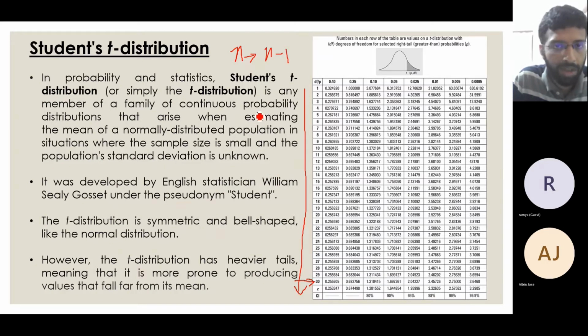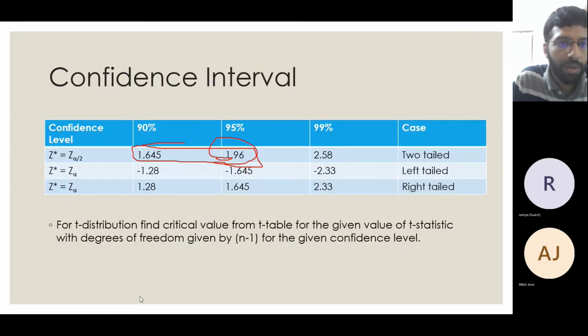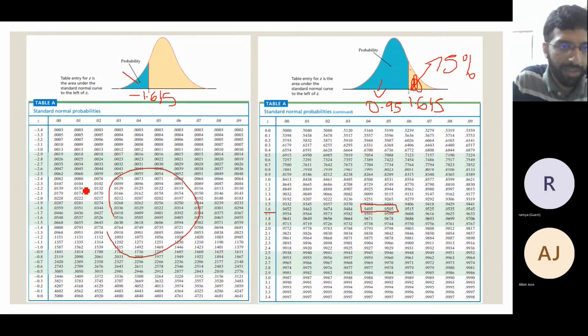The values given here are the values corresponding to our t statistic. If you see from the probability point of view, in the normal table, the probabilities were inside and the z values were in the labels, right?